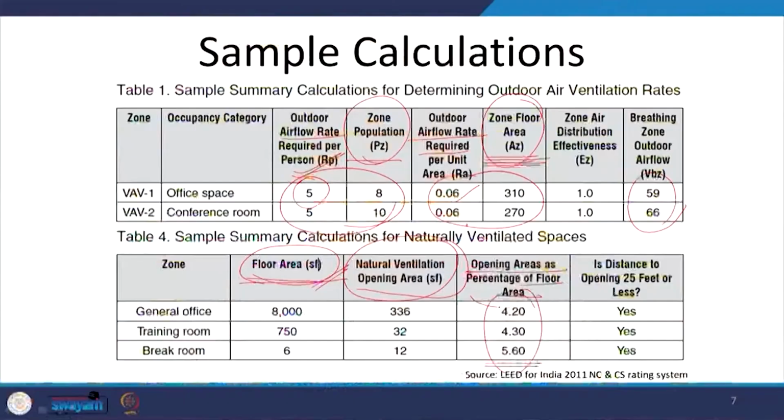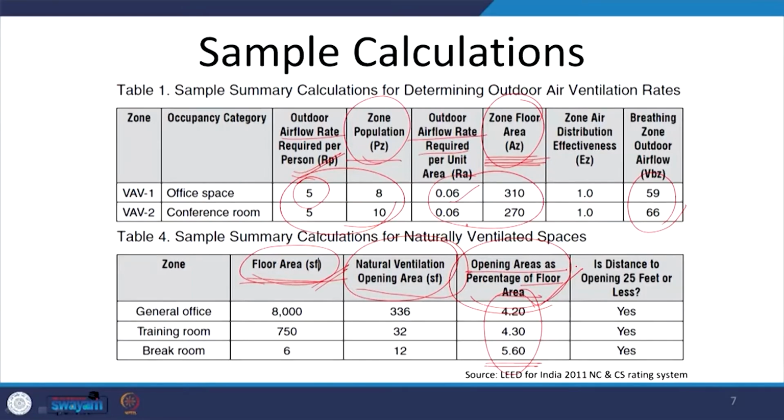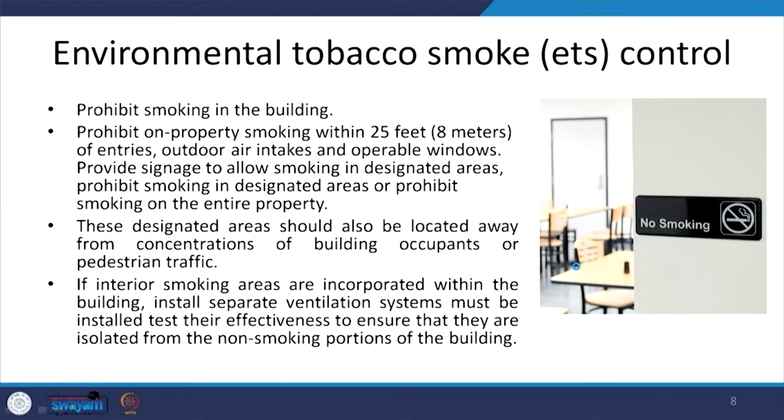So, not just the opening area as a percentage of the floor area, but we will also calculate the air changes per hour depending upon the opening areas as a percentage of floor area, the orientation of openings with respect to the wind direction, the design of openings with respect to other openings, and the circulation of air in the space. All this will be part of the compliance approach when we are following the standards for green buildings. So, this was for ventilation.